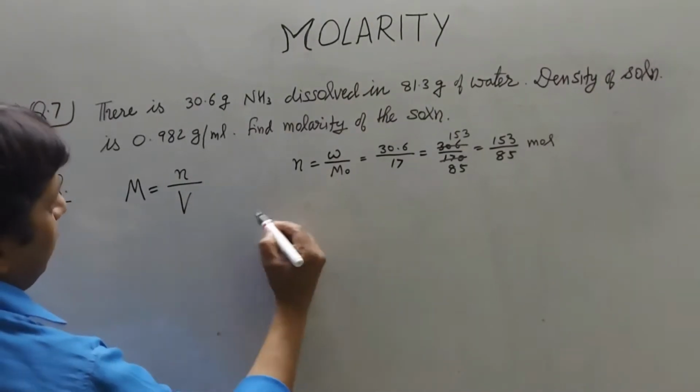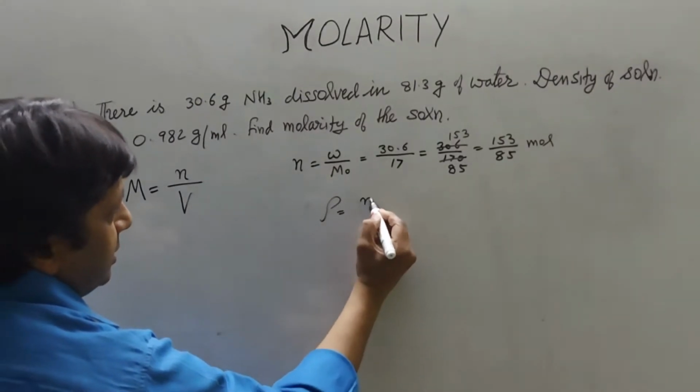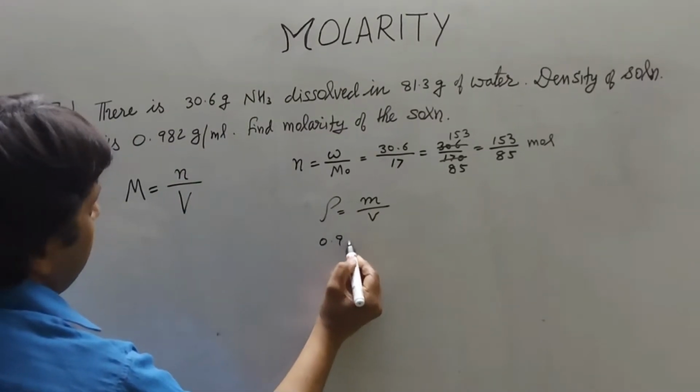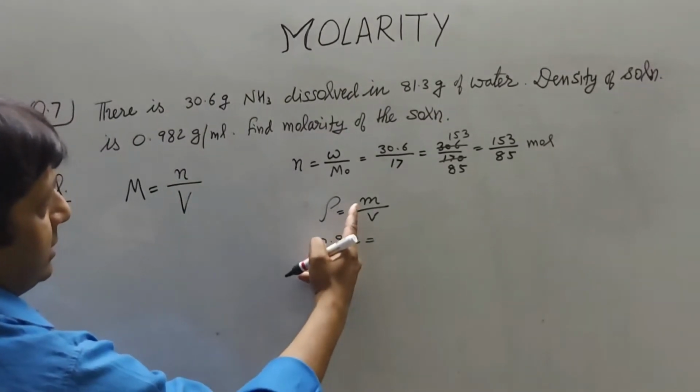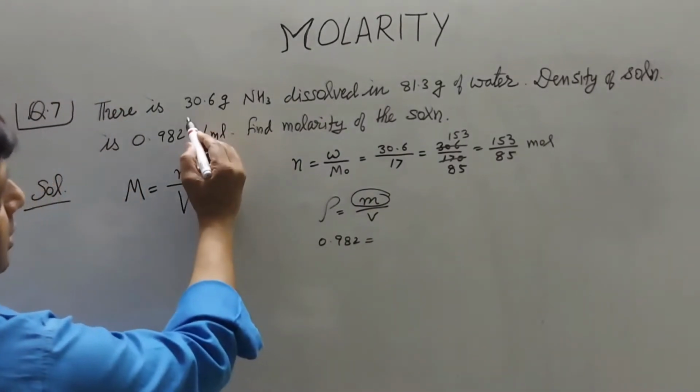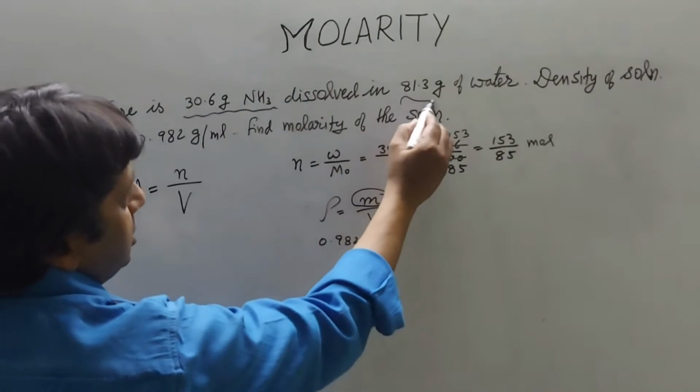Now we have to find the volume. Density is equal to mass upon volume. Density is given 0.982. Mass of the solution, what is mass of the solution? Actually we are mixing these two constituents of the solution.